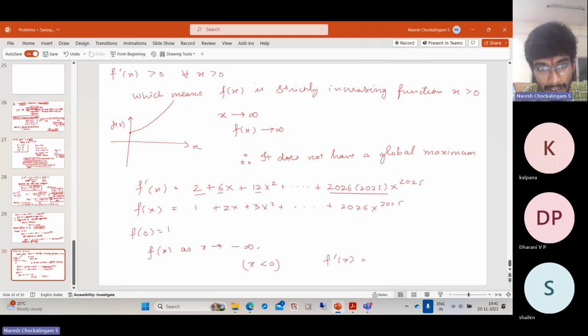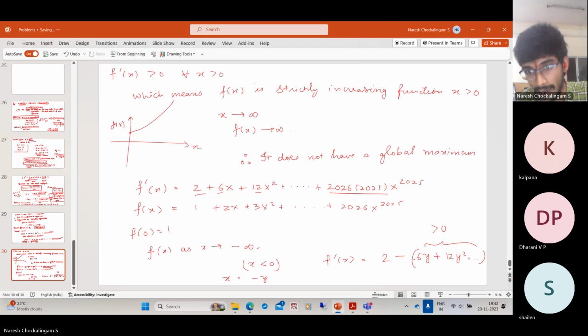So you can take x equal to minus y. Then you get 2 minus 6y plus 12y squared and so on. Because x is equal to minus y and we're taking x less than 0, y is positive.